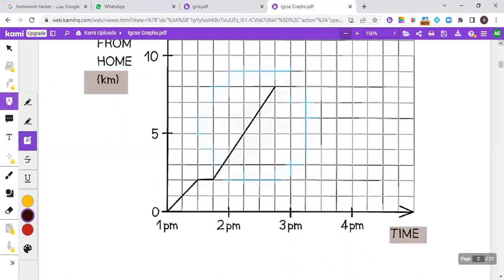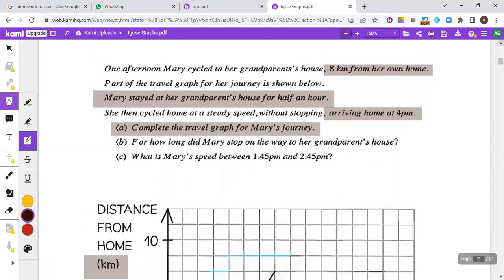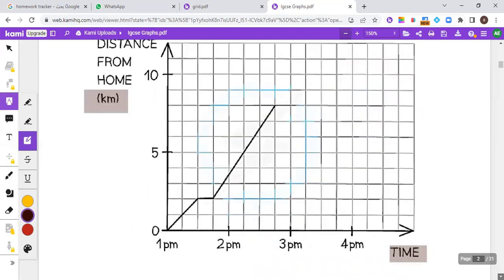So if you see in the problem, from 1 p.m. till 2, 3, and 4, like here. Mary cycled to her grandparents' house, 8 kilometers from her own home. Here is 8 kilometers.